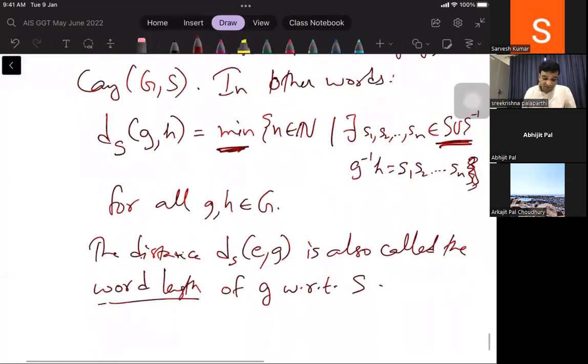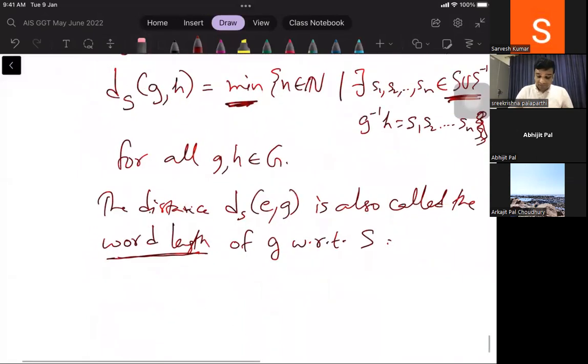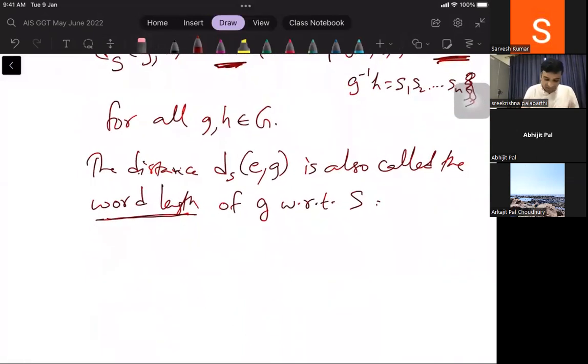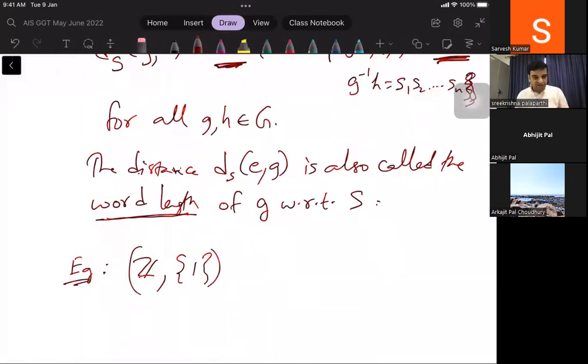This is well defined, so you can talk of the word length of G with respect to S. So yes, a quick example: Z with generator 1. So now we are considering the group Z with the generating set 1.